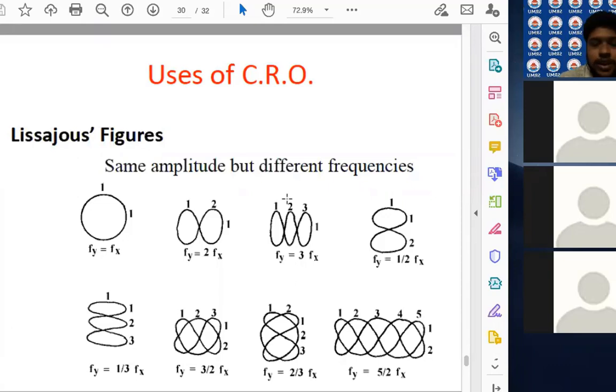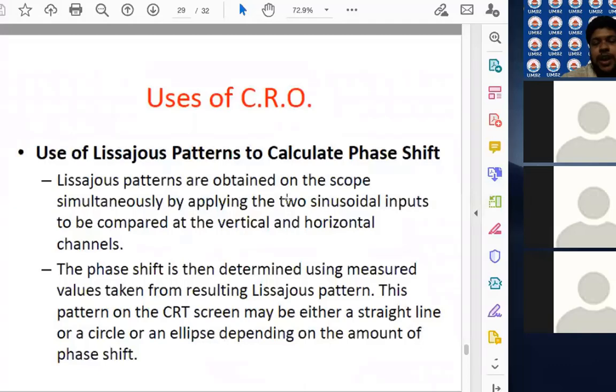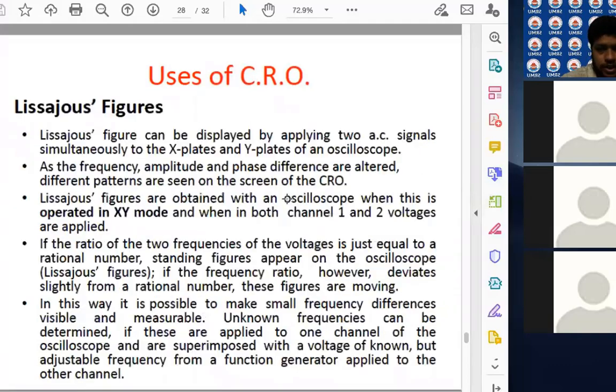This is an application where we can measure unknown frequency using a known frequency, and a phase shift. So how we do that? We are going to the next slides to understand that feature. But I hope you have clarity in understanding the Lissajous figures and how they are obtained on CRO screen.